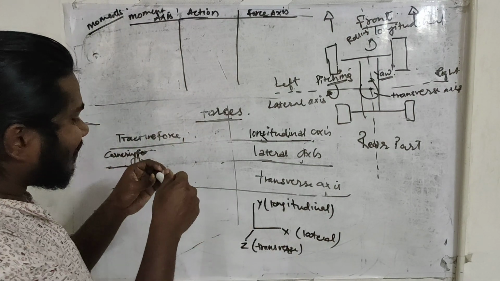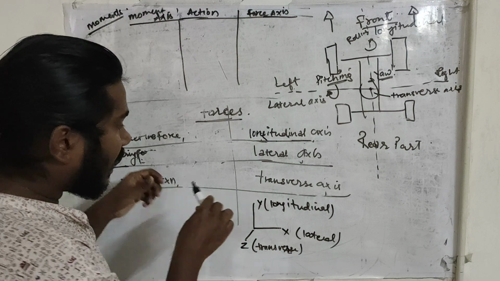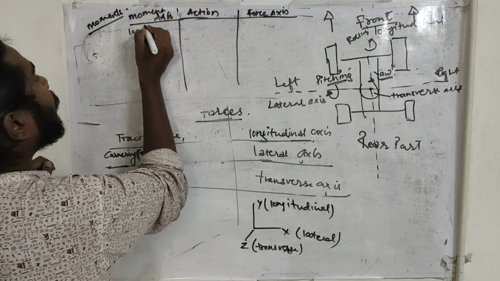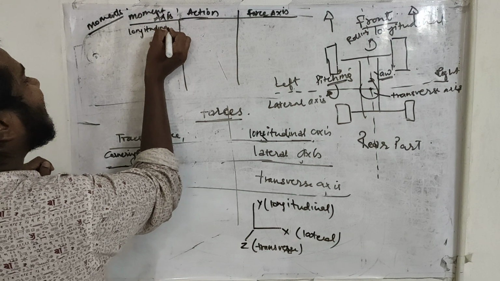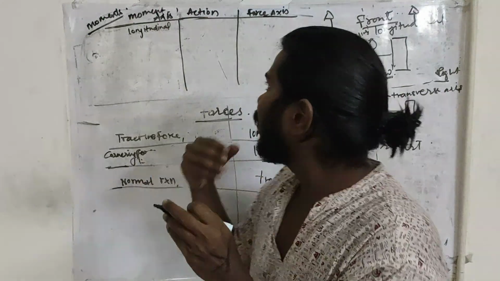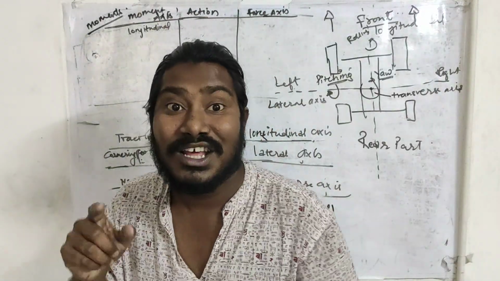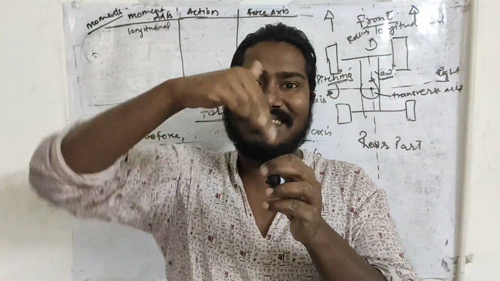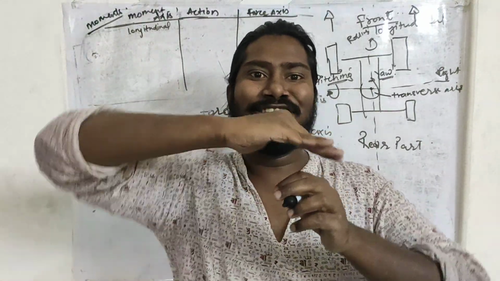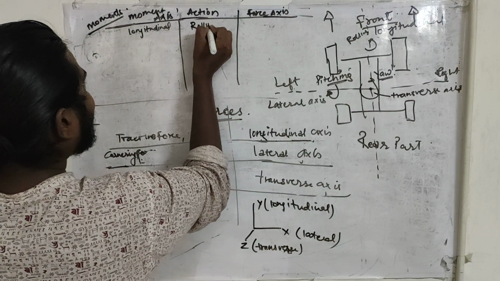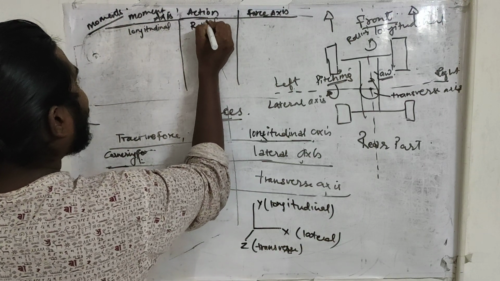If a movement is happening along the longitudinal axis, we all know which action is happening: the rolling movement of the vehicle.